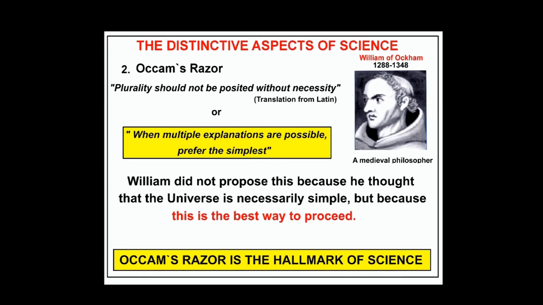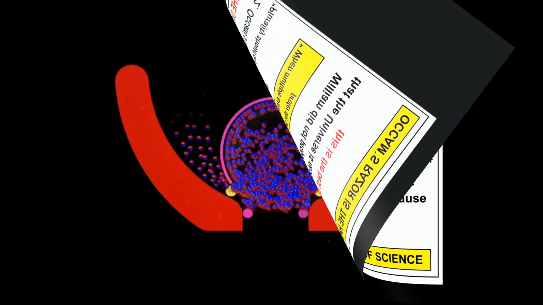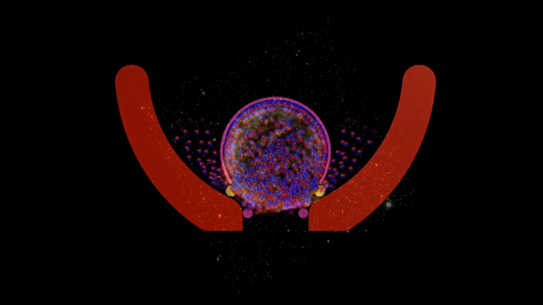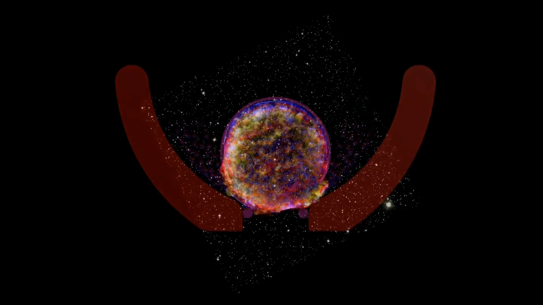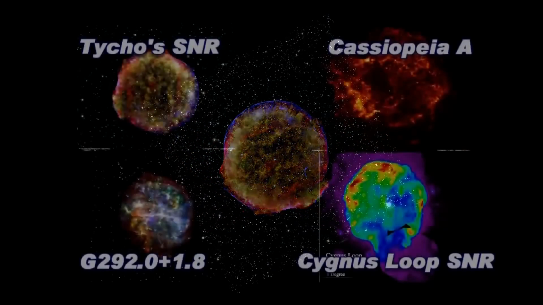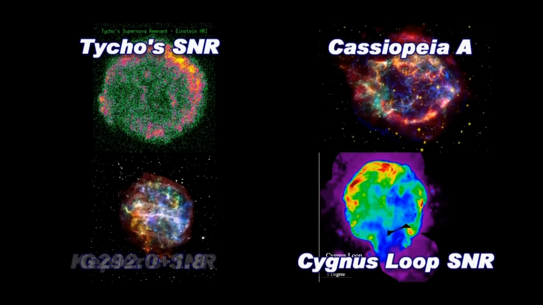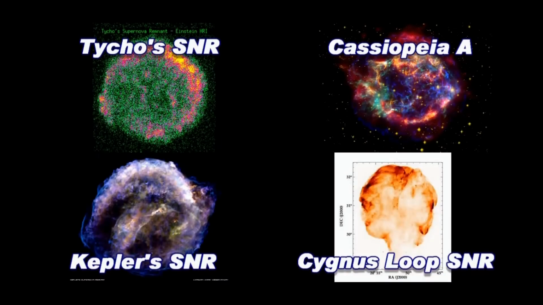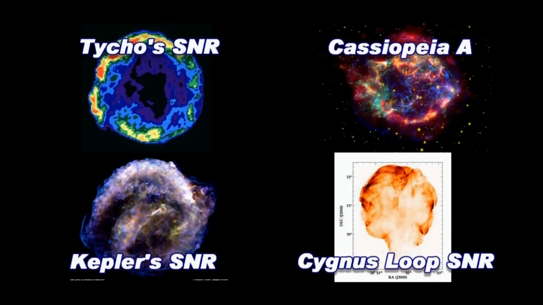Therefore, in line with Occam's razor, I'm going to show you a very simple explanation of the forces behind bubble-type supernova remnants. The solution you are about to see would apply to all bubble-type supernova remnants, as well as many other bubbles that are observed in space.